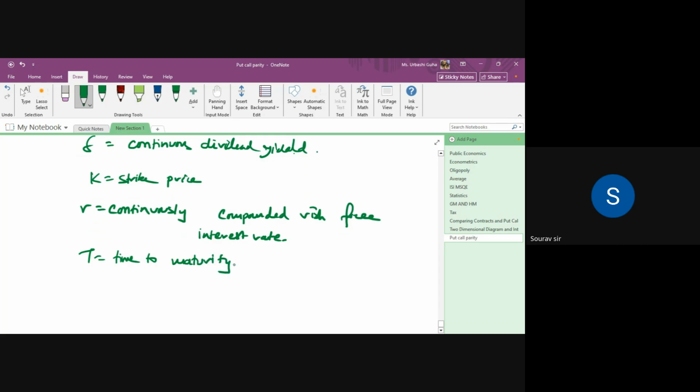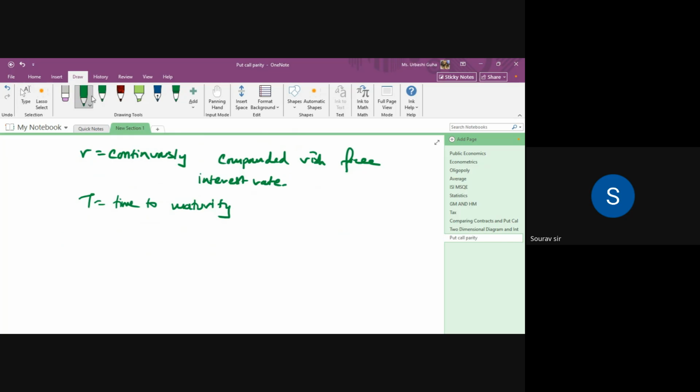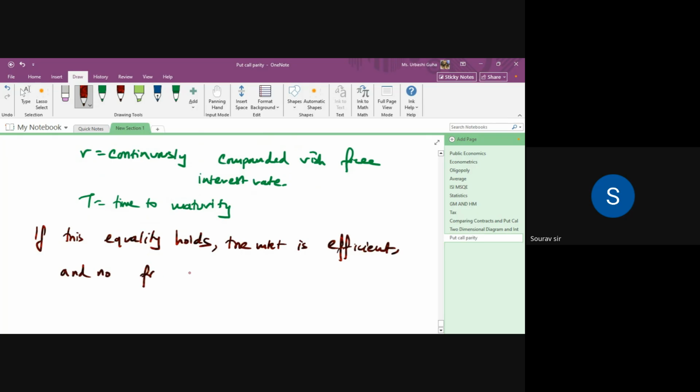So if this equality holds, then the market is efficient. The equality which we have seen, if this equality holds, the market is efficient. Okay. And no free profit exists.